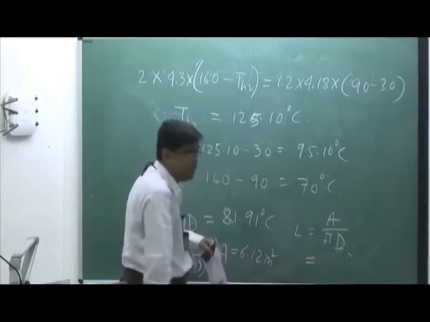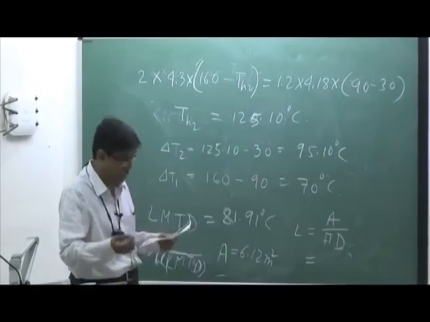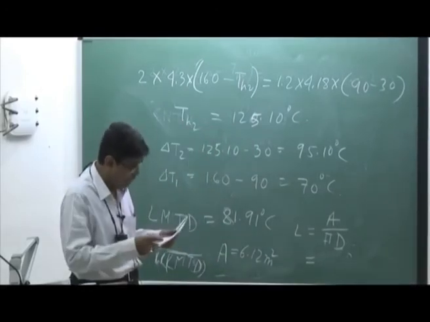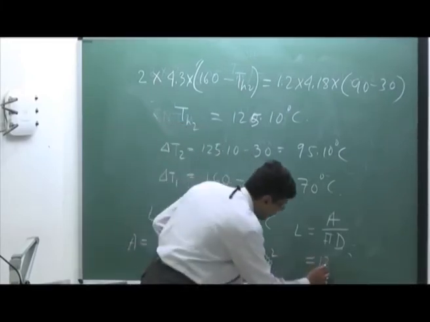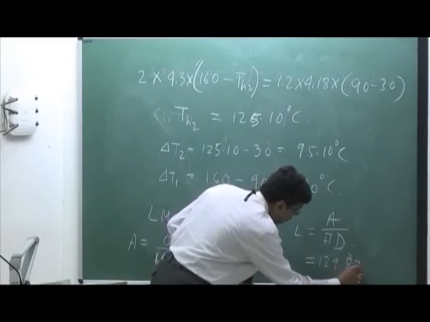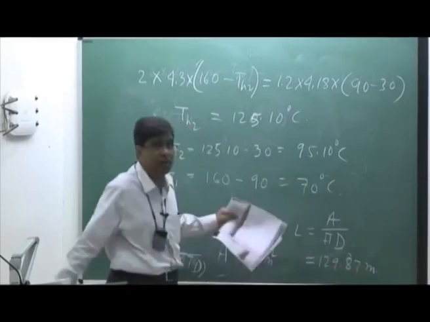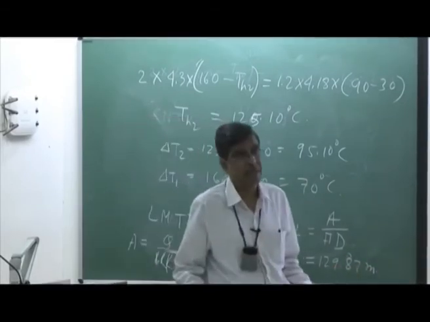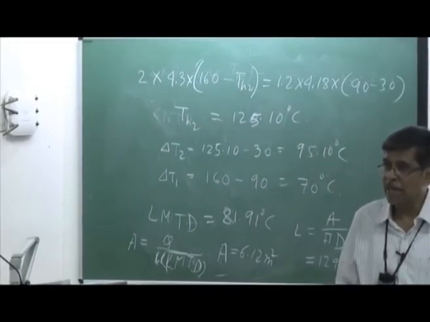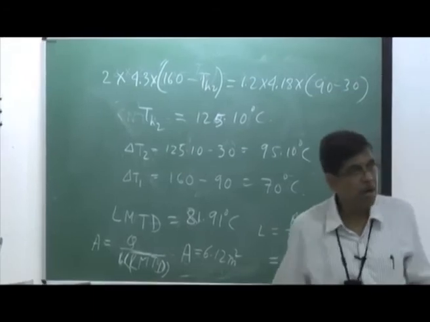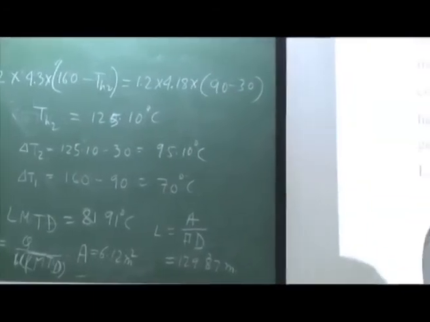This finally, it is thin wall, so diameter outer and inner is same. And finally we get L is equal to 129.8. So therefore, this problem is just the reverse. LMTD is straightforward. Clear? Because it is sizing problem.